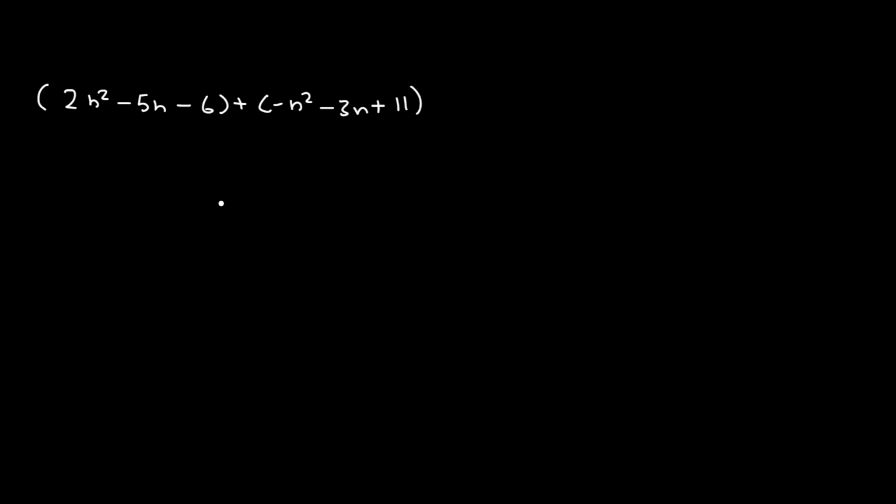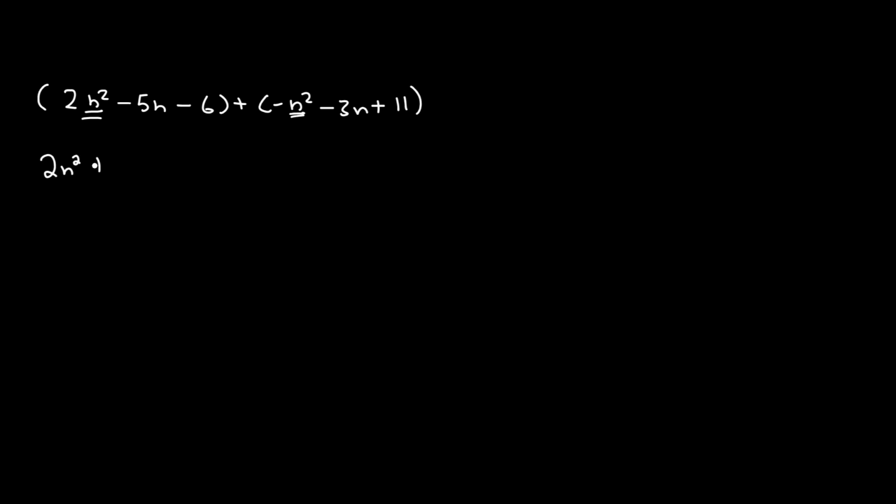So let's start with the first one. Make sure everything is arranged from the highest degree to the lowest degree. Both are from highest to lowest. So let's find the terms that have the same degree. Okay, so this one over here and this one. So we can go ahead and add them.